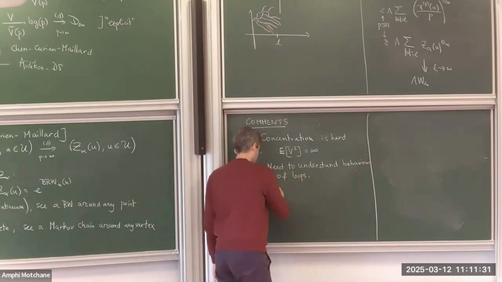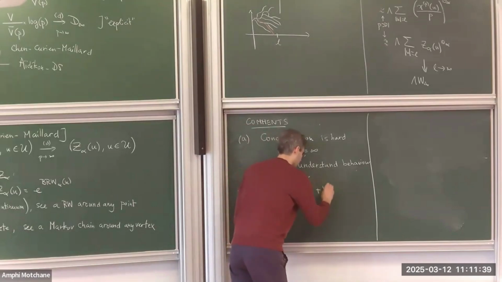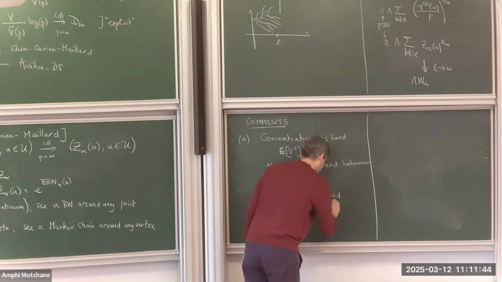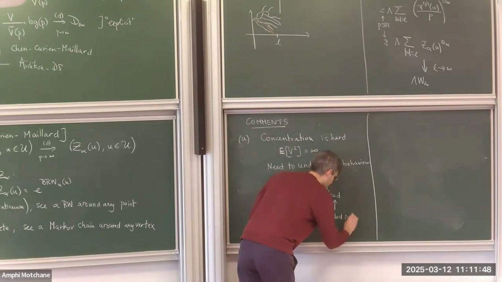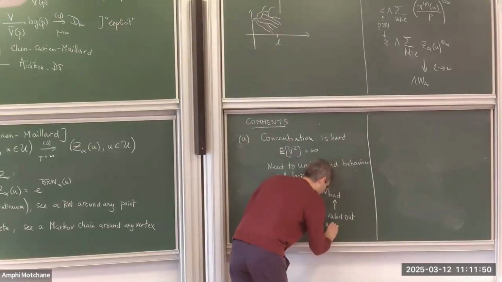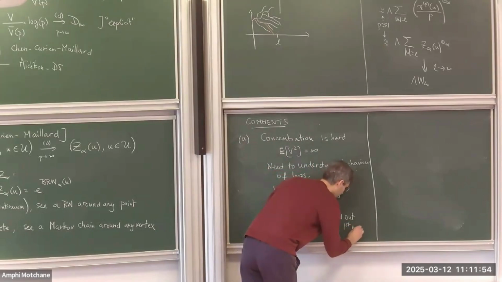Our strategy is to use a sort of second moment method, but truncated in volume into a good region and a bad region, where the bad region we can rule out using first moments.